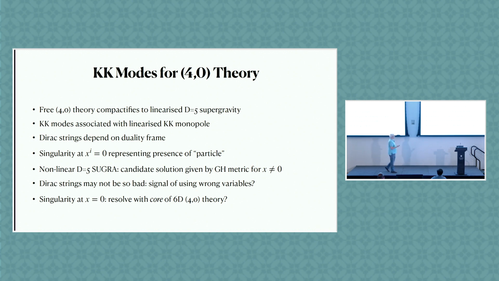In particular, it's signaling the fact that the graviton is not fundamental in this picture, but it's really this higher dimensional 4-index field which is the right variable. And the singularity at the position is associated with the position of the particle. So again, that's similar to many of the BPS states in M theory. And one might hope to resolve this by the lift giving rise to a non-singular core, where you've got this enhanced symmetry phase.